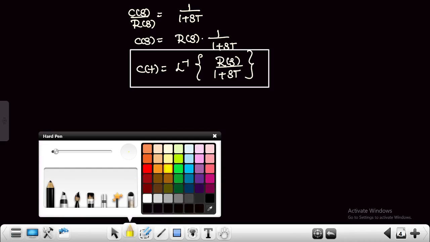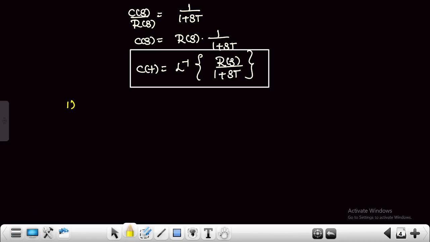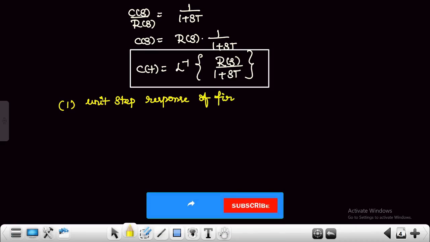In this we are going to derive different responses. The first one we are considering is the unit step response of first order system.